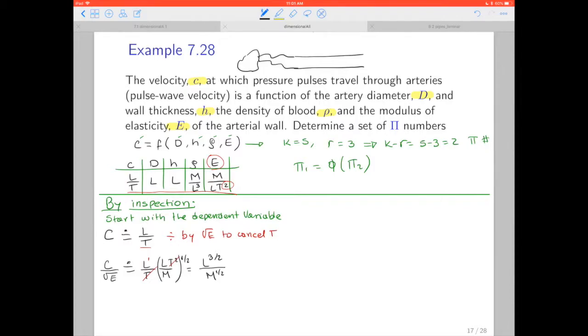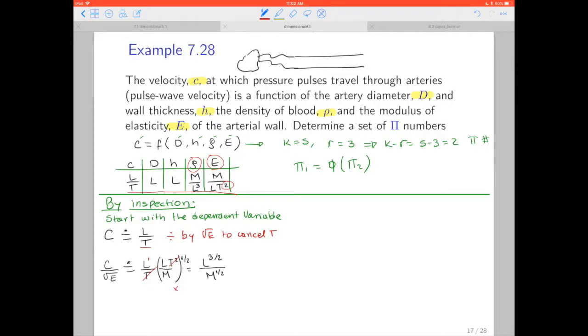Okay, now we have length and mass, so we need to cancel mass. If we look in our table, the only one with mass is density, and the mass is in the numerator, so we have to multiply by rho, but in reality we have to multiply by the square root of rho because we need mass to the 1/2.